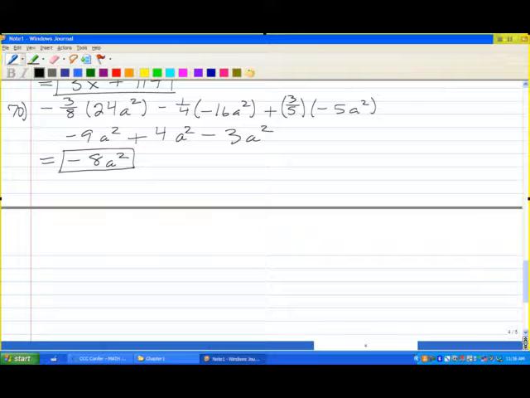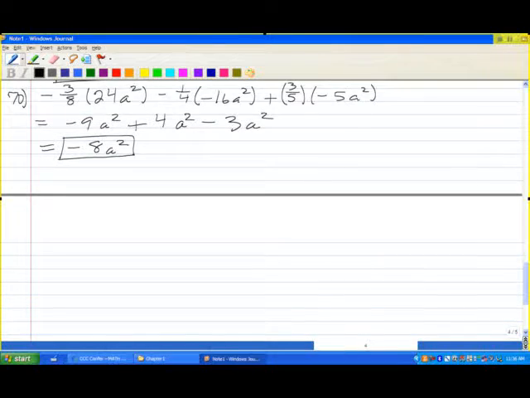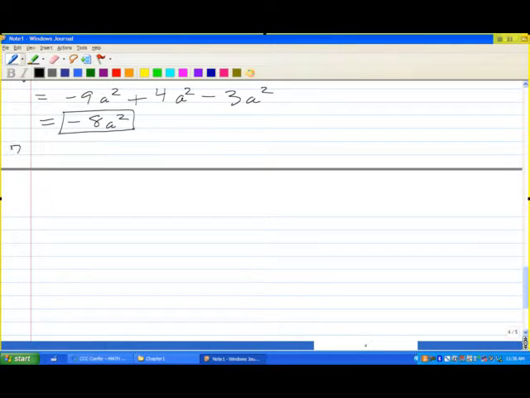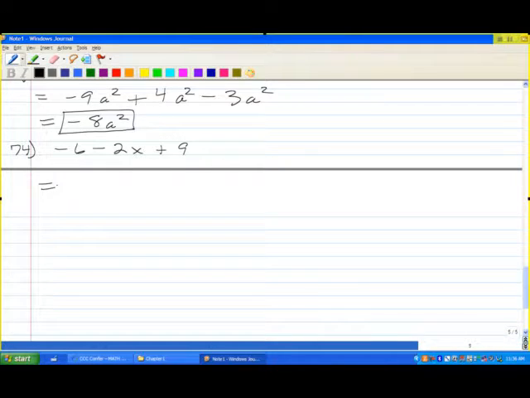Okay, so let me do problem number 74. -6 minus 2x plus 9. In exercises 73 through 102, simplify the expression. And so let's combine like terms.